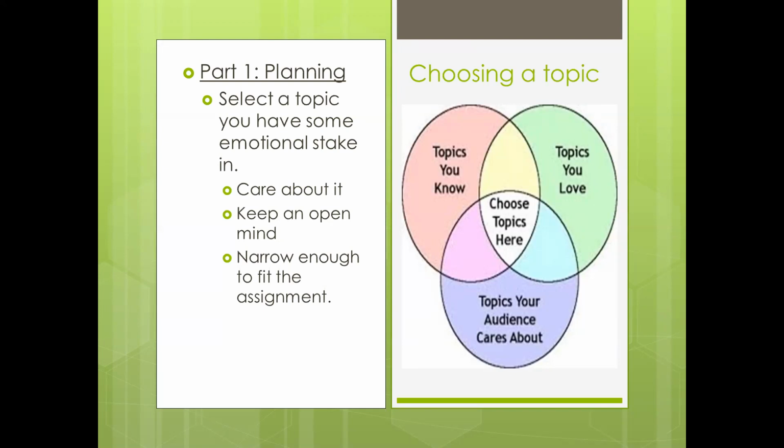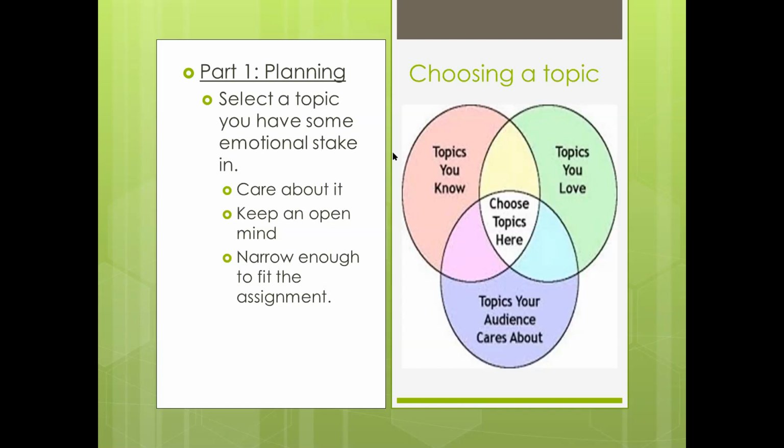So one of the things that our authors, Mandel and Kersner, suggest is that when you're planning your topic, you select something with which you have an emotional stake. In other words, it's a topic that you care about to some extent.